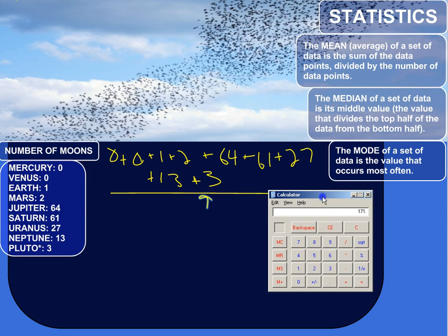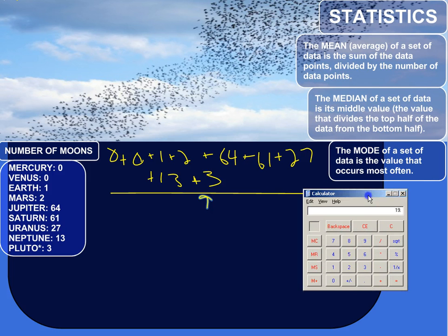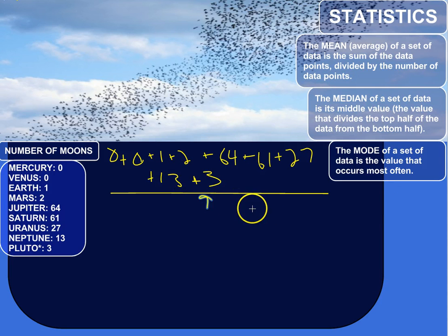And then we divide by 9. So the mean of the number of moons per planet in our solar system would be 19 moons.